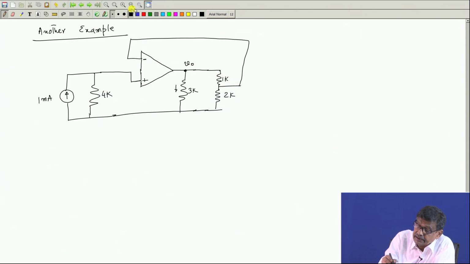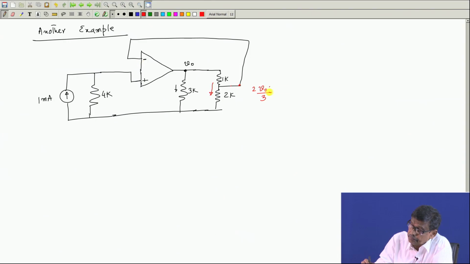So the current in this branch will be just series, that is V naught by 3, if V is in volts and this is kilo ohm, so that much milliampere is flowing here, and the potential of this point then will be this current into 2.